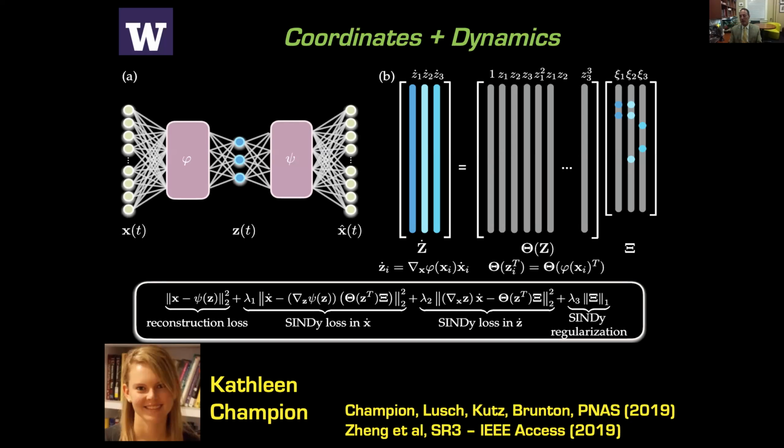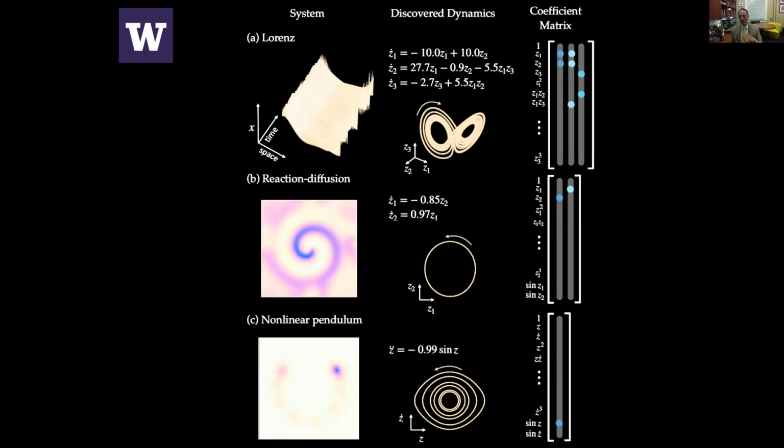Part of the reason I like what Kathleen did so much is that this is what we have done throughout our history of scientific discovery. And what you're allowing the neural network to do is to automate this process to help you discover this pairing of the two. I already showed you this, but the bottom one is exactly the pendulum.